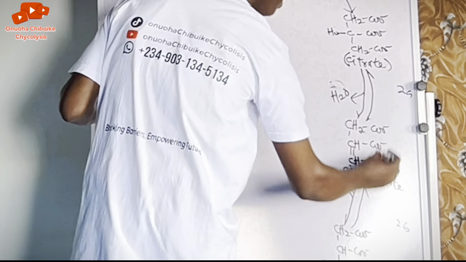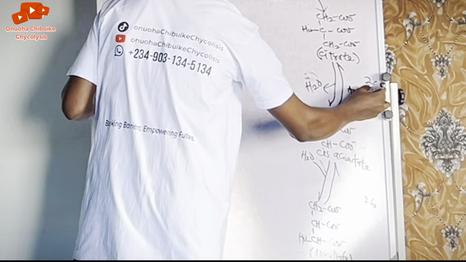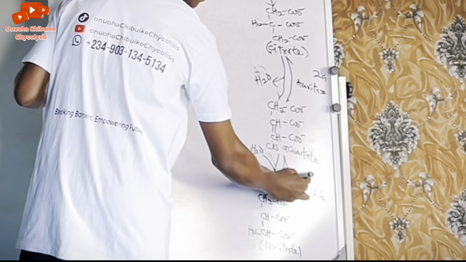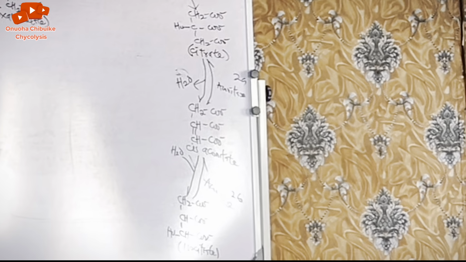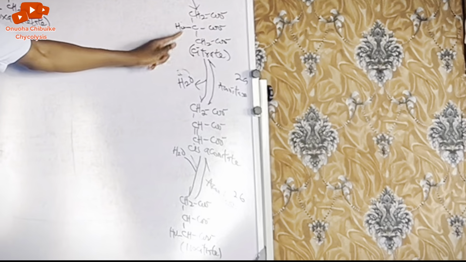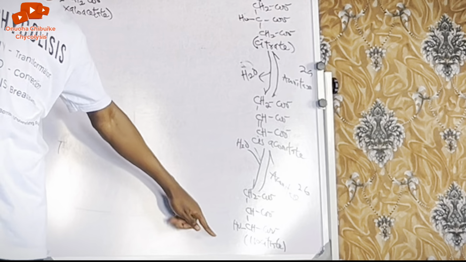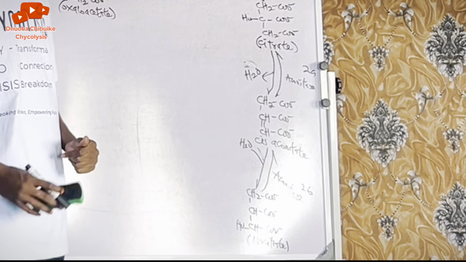And the enzyme is aconitase. So step 2 is the conversion of citrate to isocitrate by an enzyme called aconitase.